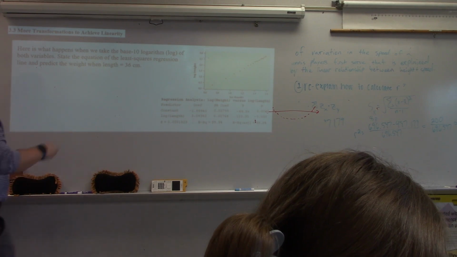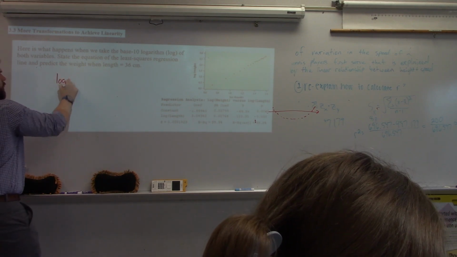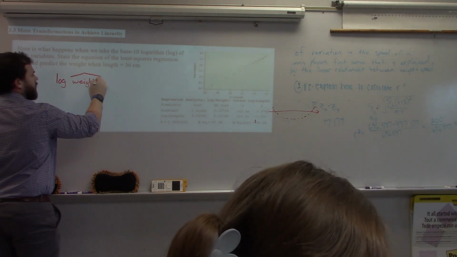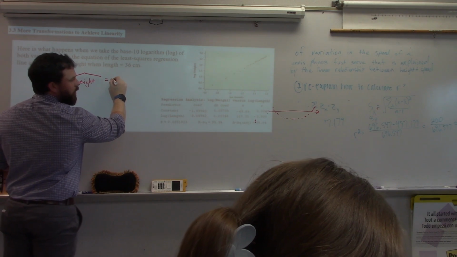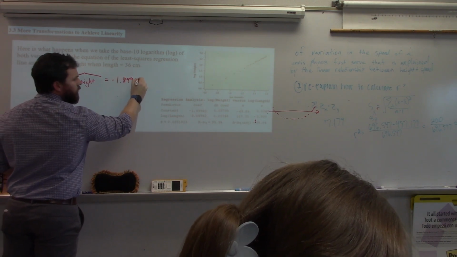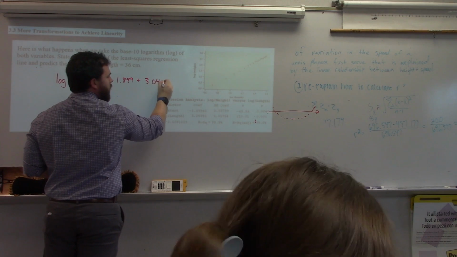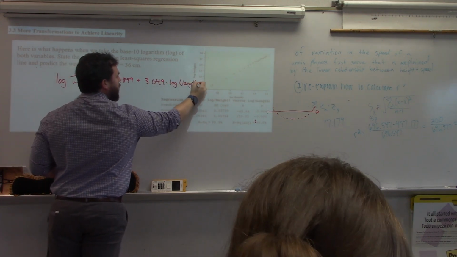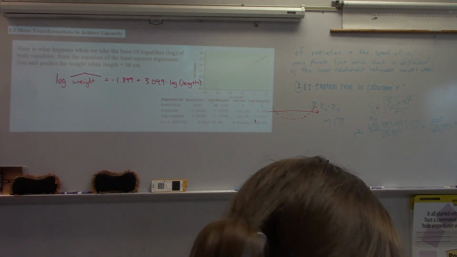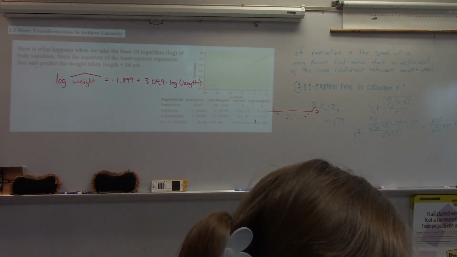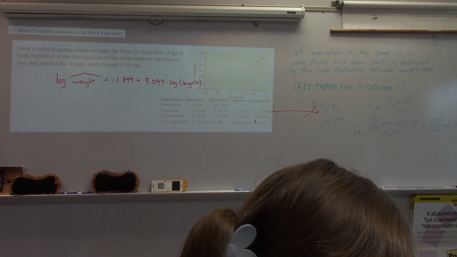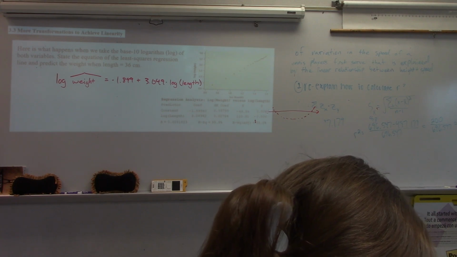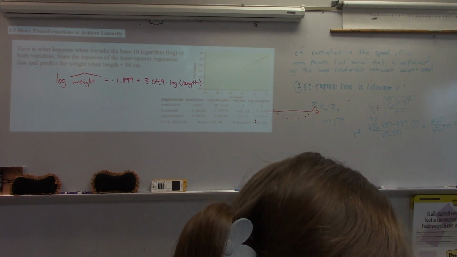So they took the log of both sets of data. So we would just literally write this as the log of the predicted weight equals negative 1.899 plus 3.049 times the log of the length. Okay, and then we can use that, and if you use that, you're going to get roughly the same predicted weight every time.